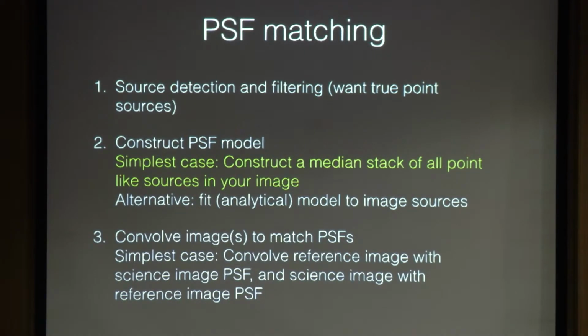Right. So if you do that for both the reference and the science frame, you know what is happening to a point-like source in both of them. So let's say you want them to be the same. Then you can take the PSF of one image, the science image, convolve it on top of your reference image, and then you do the same again for the reference PSF on top of the science PSF.